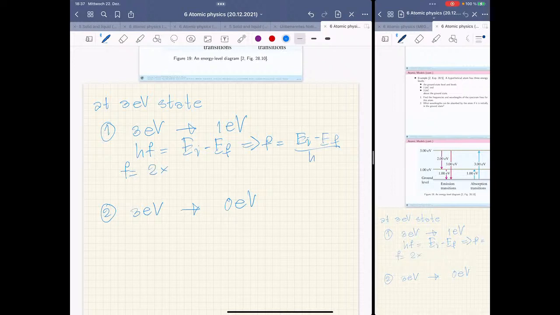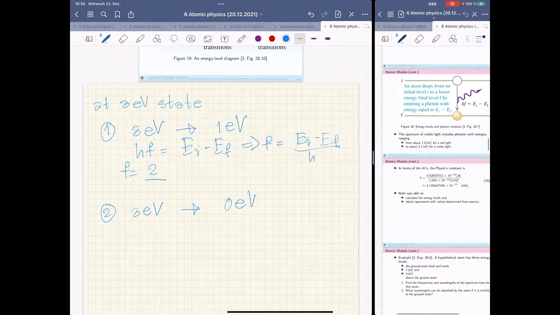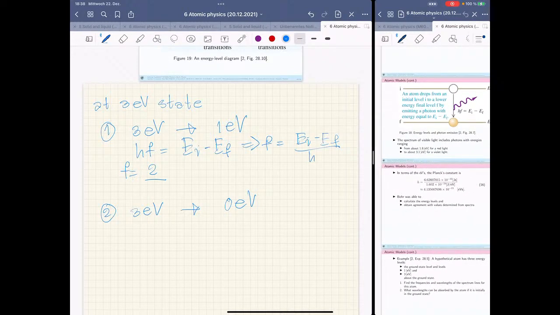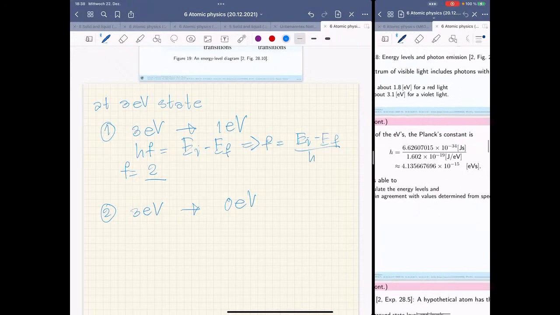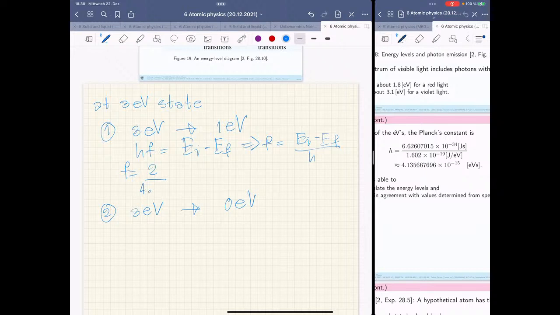You could multiply by the electron charge to convert, but you can also use it in electron volts, with a specific version of h in the eV scale. h in eV scale is 4.1356 times 10 to negative 15.